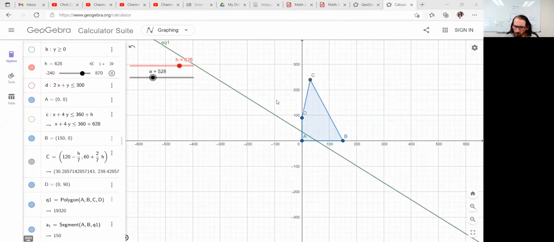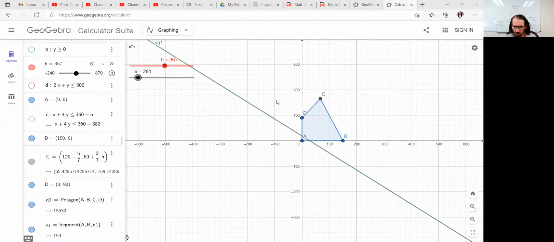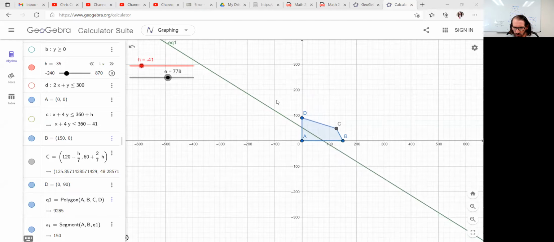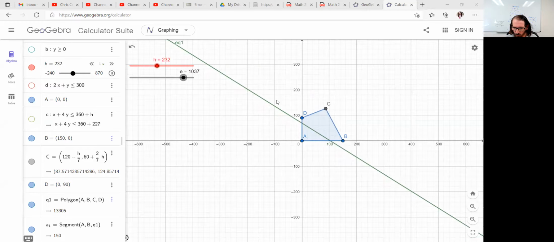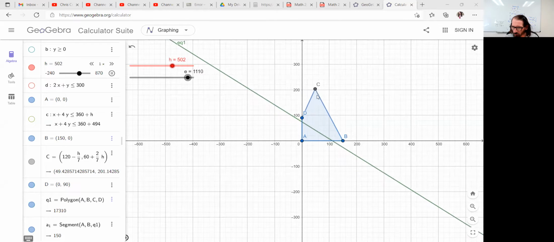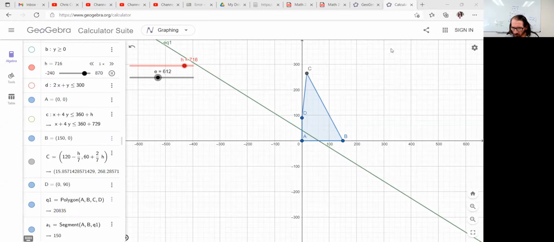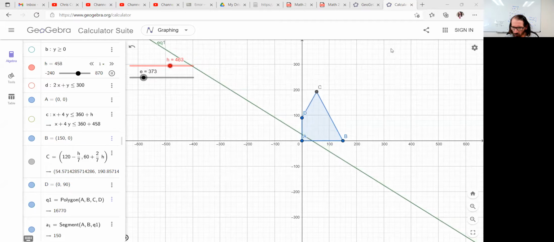And again, trying to look at both of these changing at the same time is going to make it difficult to tell for those different values of H when we're going to get the maximum value at point C still, the intersection of the boundary lines for constraint 1 and constraint 2.